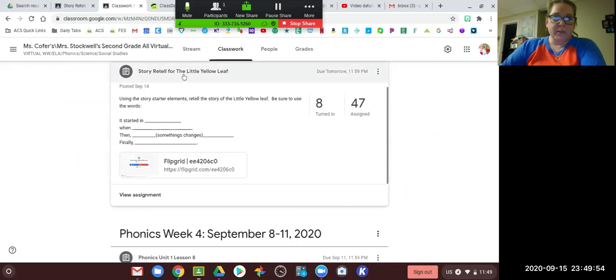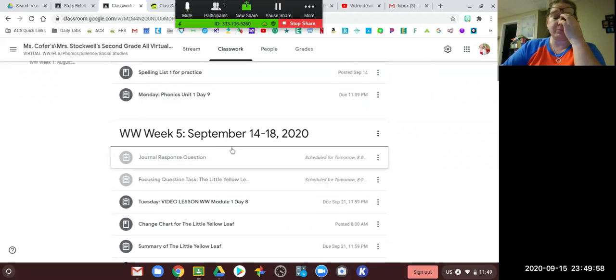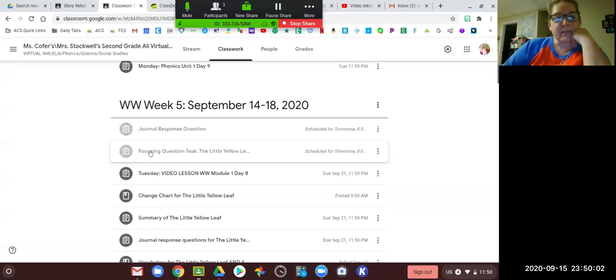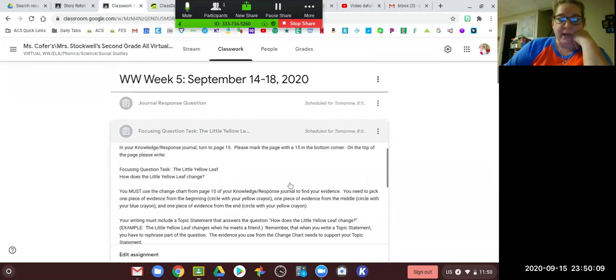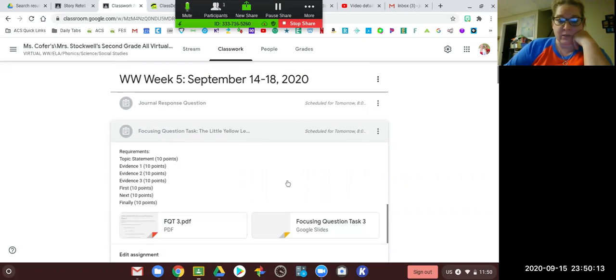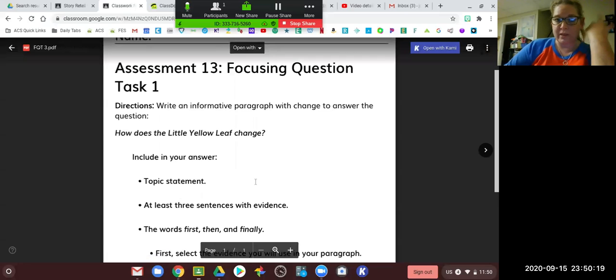So if we go to this week, week 5, here is the focusing question task for the little yellow leaf, with lots of very detailed descriptions. Here is the paper that tells you some of the things that are required.